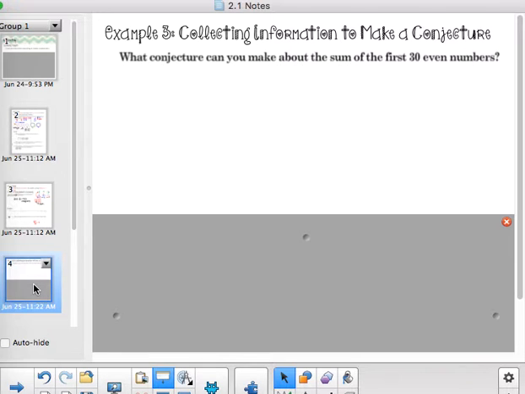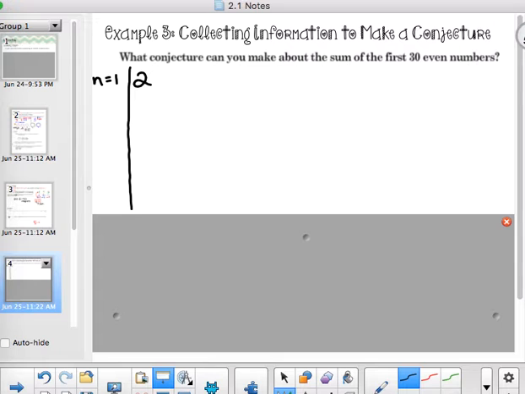What conjecture can you make about the sum of the first 30 even terms? All right, well, even numbers. The first even number is 2, and that's going to be my first term in the sequence, 2. My second term in the sequence, I'm going to find the sum of 2 plus 4, and that gets me 6.